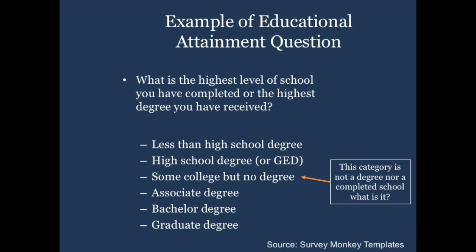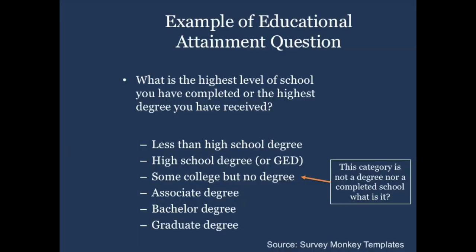Okay, so let's look at the first category, less than high school degree. That one is a category that doesn't show anything completed or a degree. But the question is asking for completed school or degree. So if somebody has not completed high school, what are they going to choose?